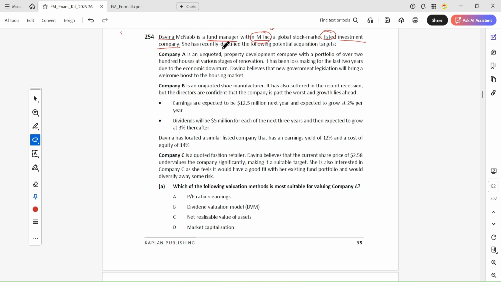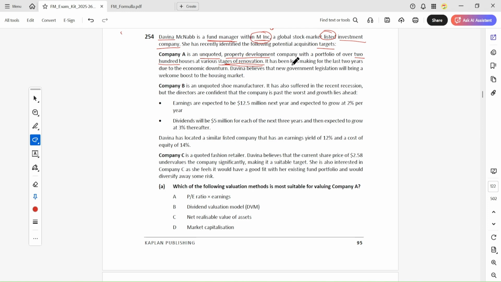She has recently identified the following potential acquisition targets: company A, company B, and company C. Company A is an unquoted, unlisted property development company with a portfolio of over 200 houses under renovation.